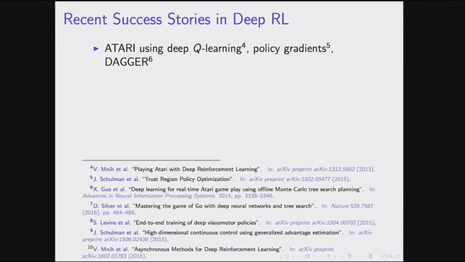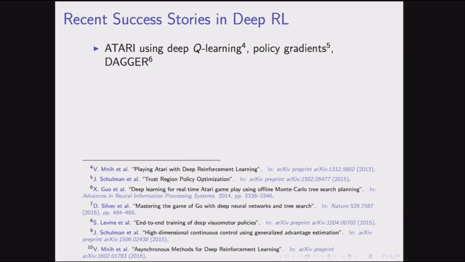A few years ago, there was a pretty influential result by Mnih et al. from DeepMind, where they used a deep Q-learning algorithm to play Atari games using the screen images as input. That's hard because you're trying to do different things in all these games, and some of them are kind of complicated. So it's pretty remarkable that a simple algorithm, the same algorithm, can solve them all.